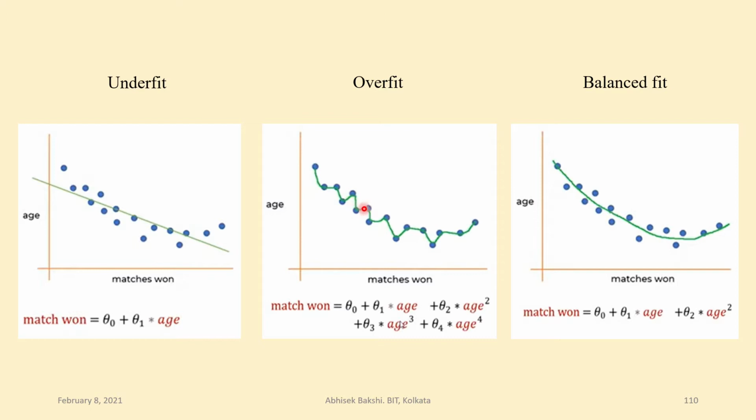So we can have an equation something like this given over here, and due to some values of theta 0, theta 1, theta 2, theta 3 and theta 4, assume that you have found a curve something like this.